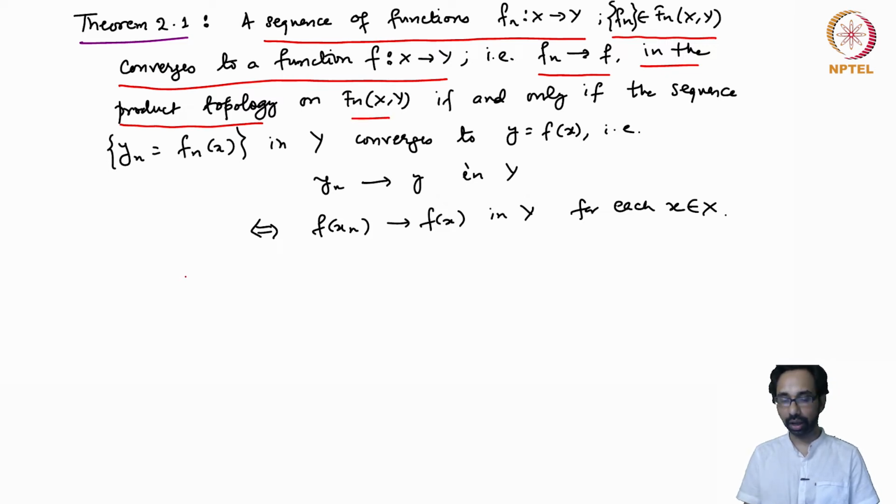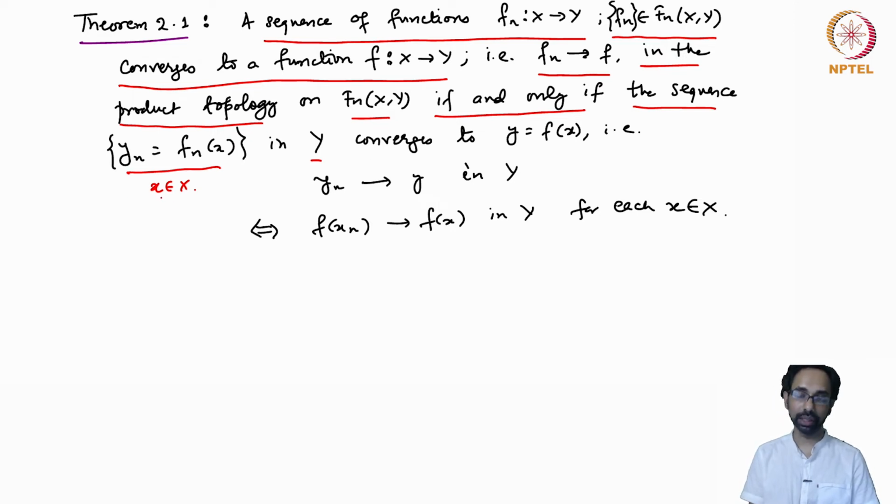So a sequence f_n of functions converges to another function f in the product topology on Fn(X,Y) if and only if the sequence y_n, which is f_n(x) for x in X, lies in Y, because f_n(x) lies in Y. If you consider the collection of points f_n(x), where x is fixed but n is varying, then you get a sequence in Y, and this I have denoted as y_n.